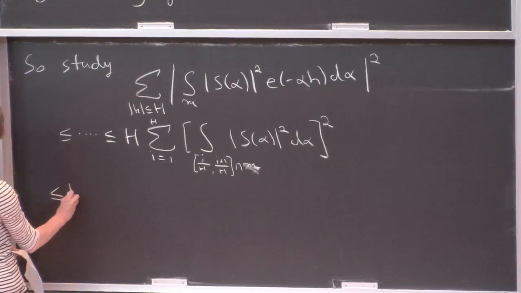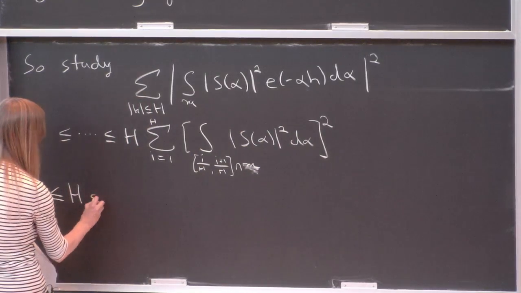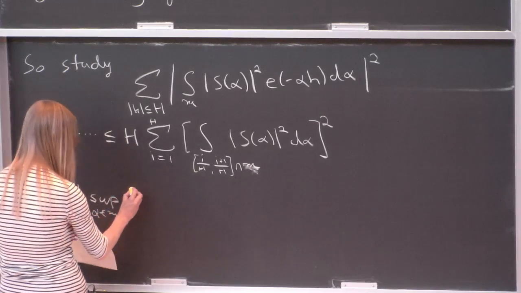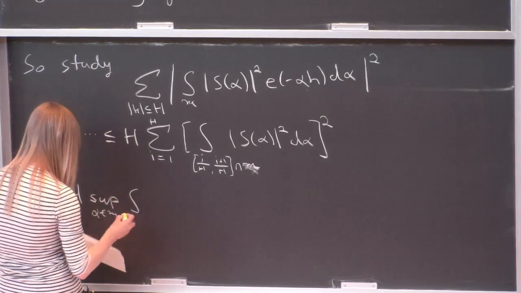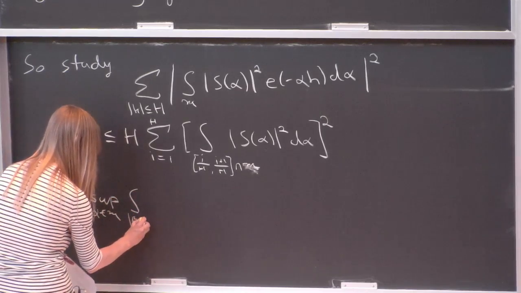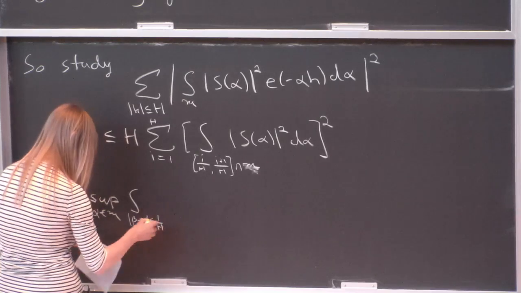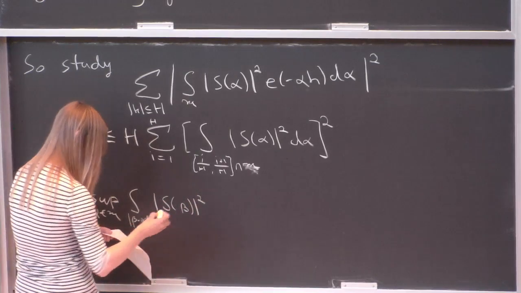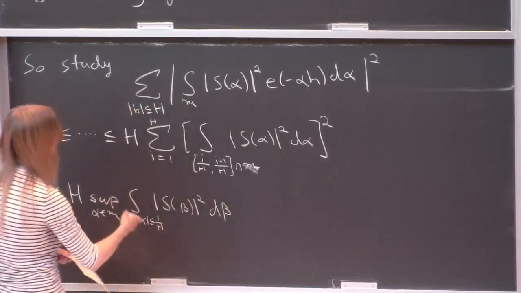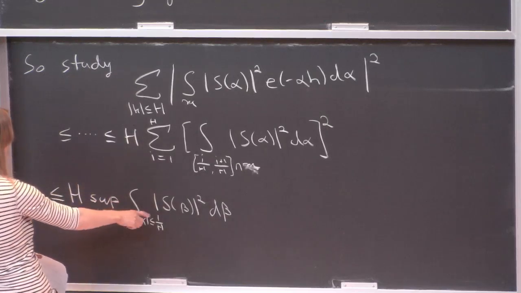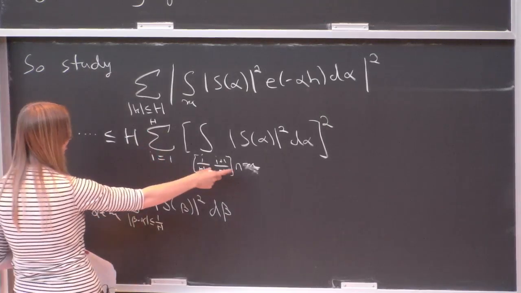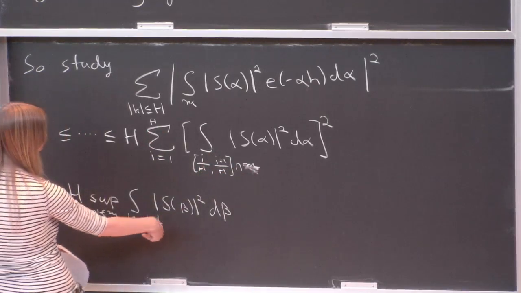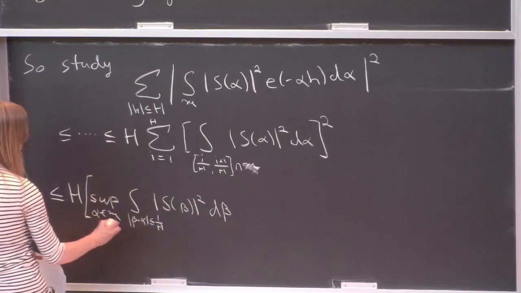So this is at most the supremum over alpha in the minor arcs of this integral, say over beta minus alpha smaller than 1 over h, of S(beta) squared d beta. So this is one component here where I have essentially taken the supremum, and then I have found if there is some point on the minor arcs, I just take an interval of length 1 over h around it. So this is part of the thing.